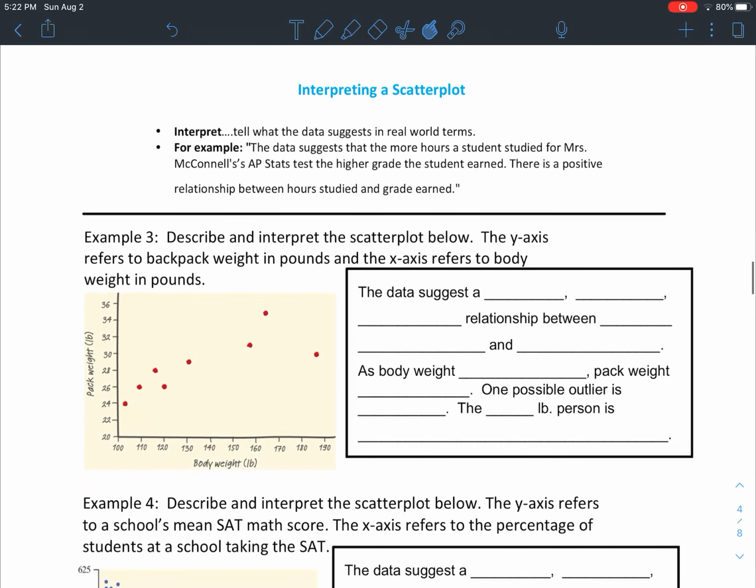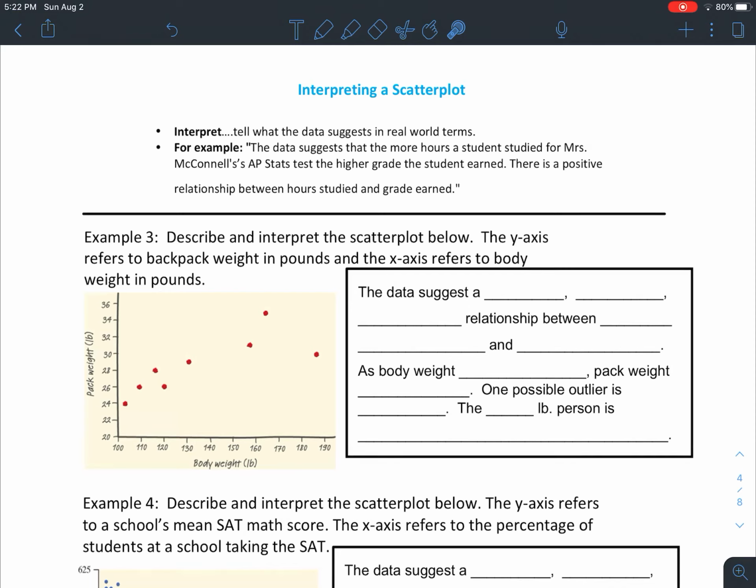All right, let's look at one more page here, and then we will bring this to a close for today. Interpreting scatterplots. It says when you're interpreting, you're telling what the data suggests in context, in real world terms. For example, the data suggests that the more hours a student studied for Mrs. McConnell's AP Stats test, the higher grade the student earns.